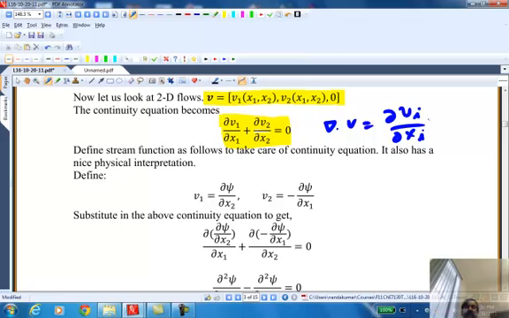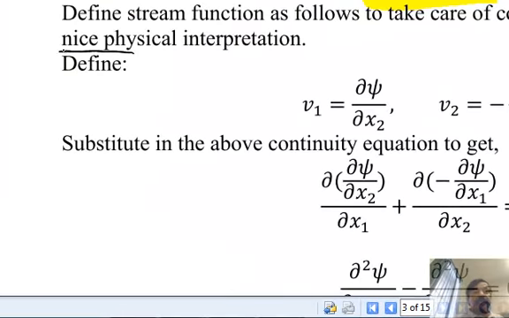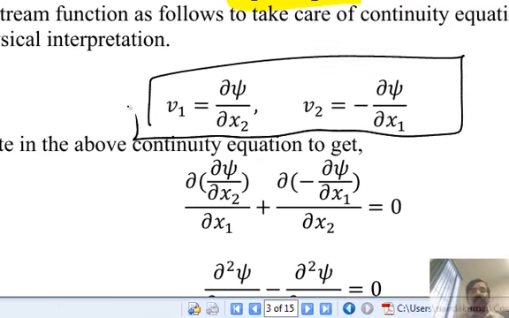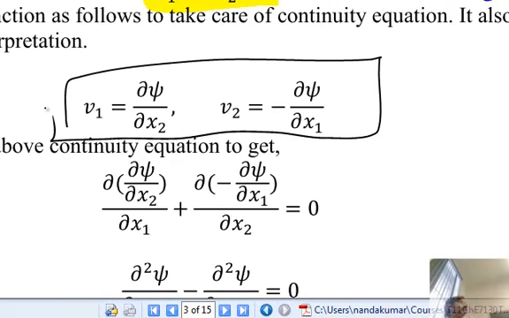Now, in solving such problems, we introduce this notion of a stream function. We define the stream function by these two equations. That is, v1 is dψ/dx2 and v2 is minus dψ/dx1. So ψ is called the stream function.